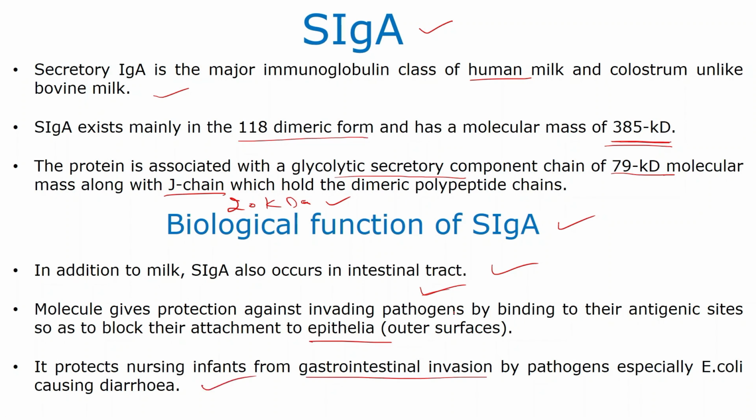So this is the major biological function of secretory immunoglobulin: binding to the antigen, preventing attachment or adhesion to the epithelial cells of the intestine, and thereby preventing diarrhea, especially E. coli causing diarrhea.